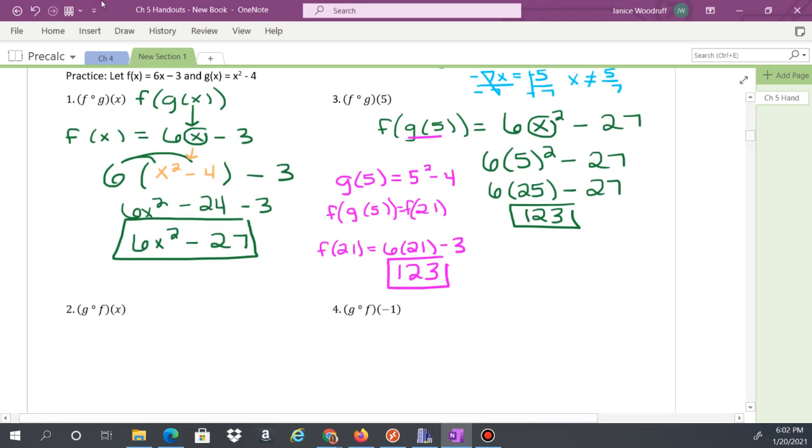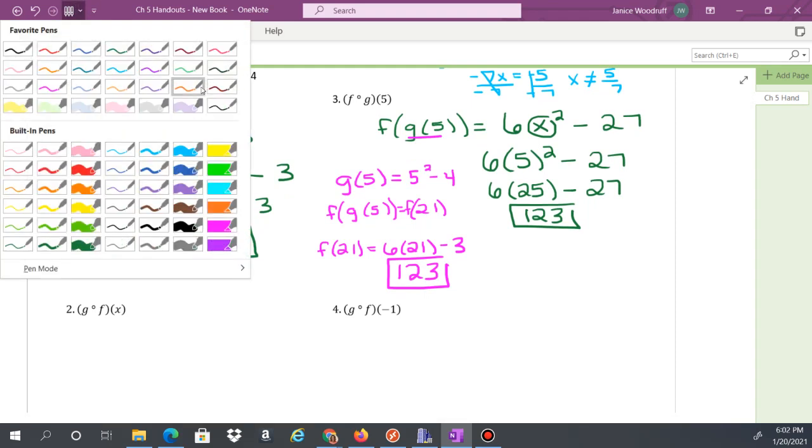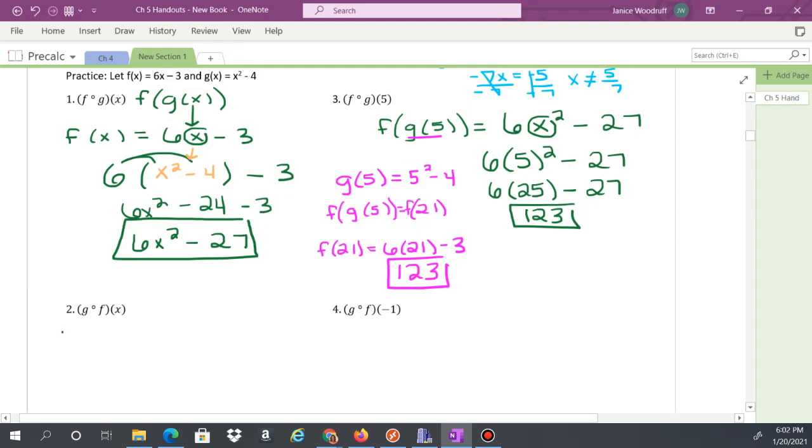Okay, so g of f of x, taking a look at this one here. My g of x function is x squared minus 4.